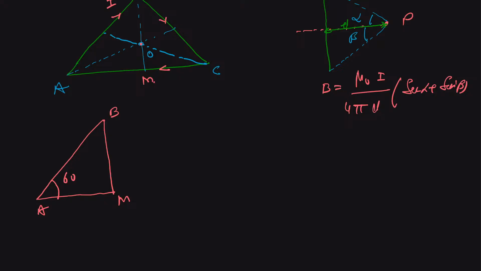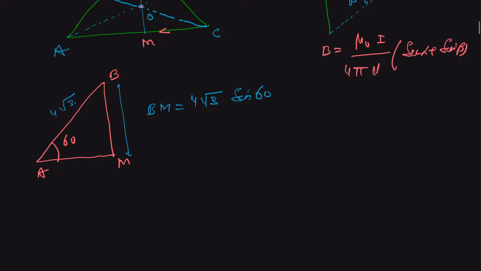Therefore, we can find out what will be our BM, because we know this is our 4 root 3. So we can say BM will be equal to 4 square root of 3 times sine 60. So this gives us that BM is equal to 6.